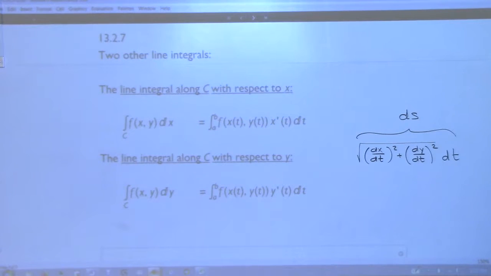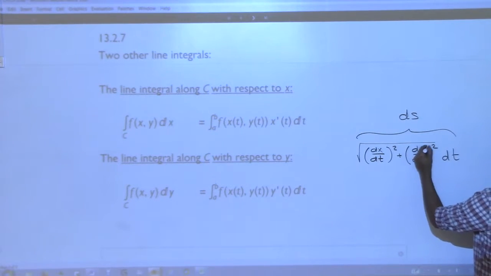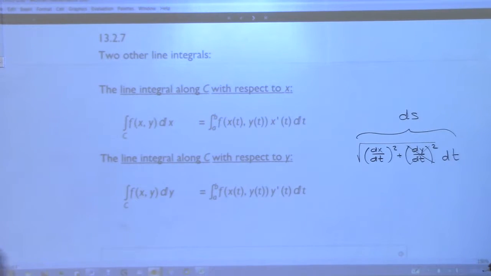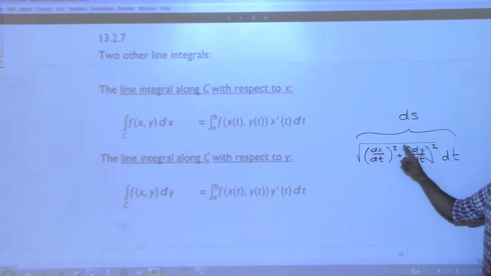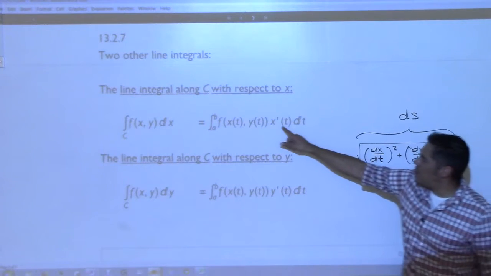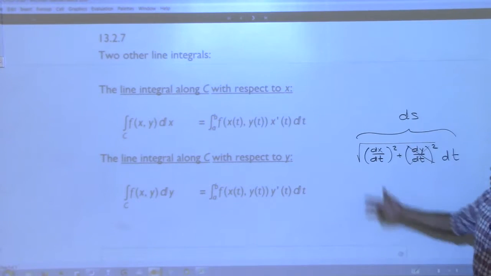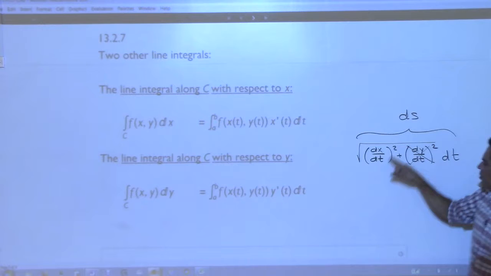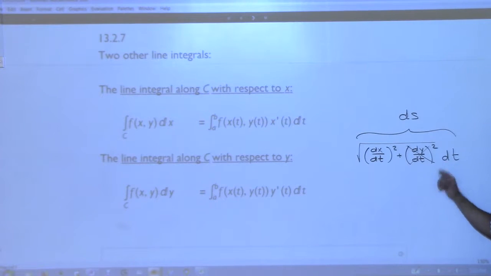And if we're going to do it with respect to x, then we're essentially saying that this is 0. And so what you wind up getting is the square root of the derivative squared, which is just the derivative of x with respect to t. So that's this right here. And then you could do it with respect to y, which zeroes this one out and leaves this one here.